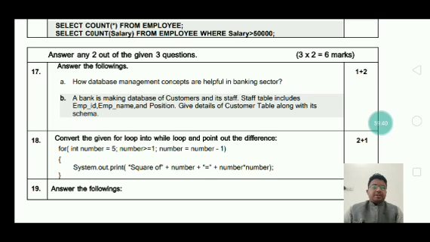A bank is making a database of customer and its staff. Staff table includes employee ID, employee name and position. Give details of customer table along with its schema. So you have to add the name of the columns along with its data type. Each customer gets a customer ID, so the first column should be customer ID.